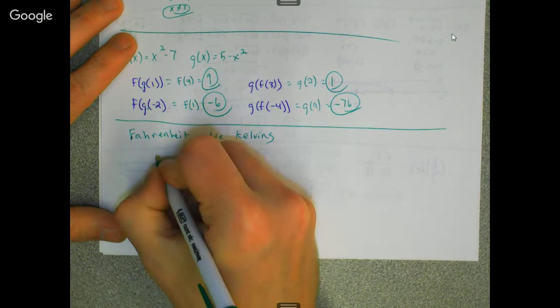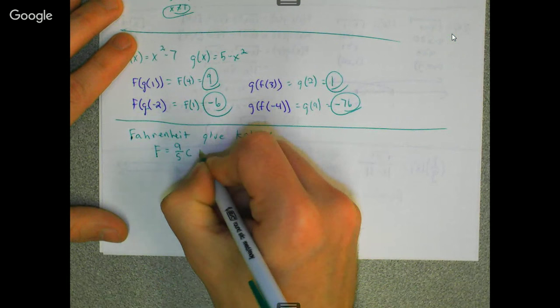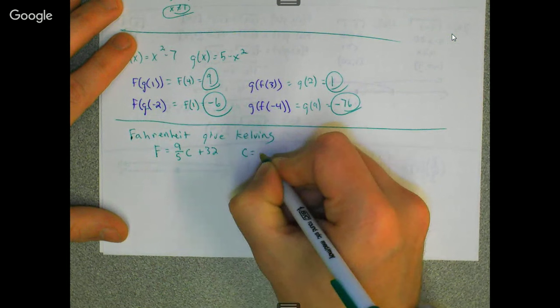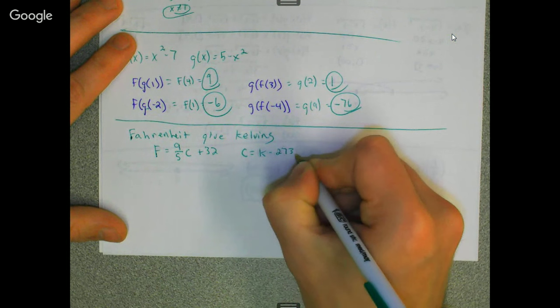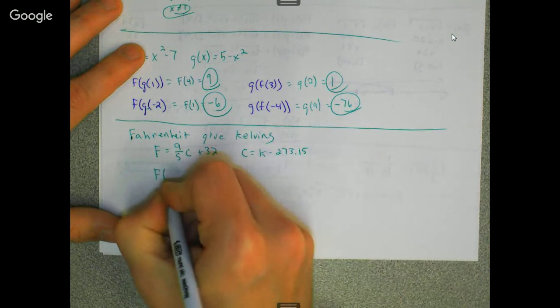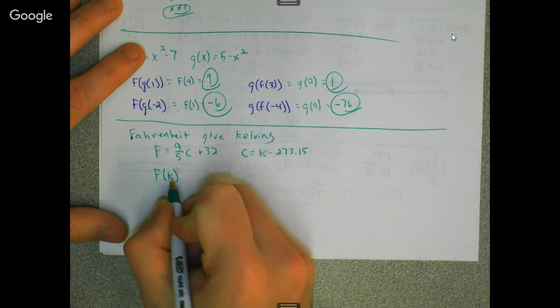Okay, and we know, or I can look it up, that Fahrenheit is 9/5 C plus 32, and C, or Celsius, is Kelvin minus 273.15. And I want one function that will give me degrees Fahrenheit if I know what Kelvin is.